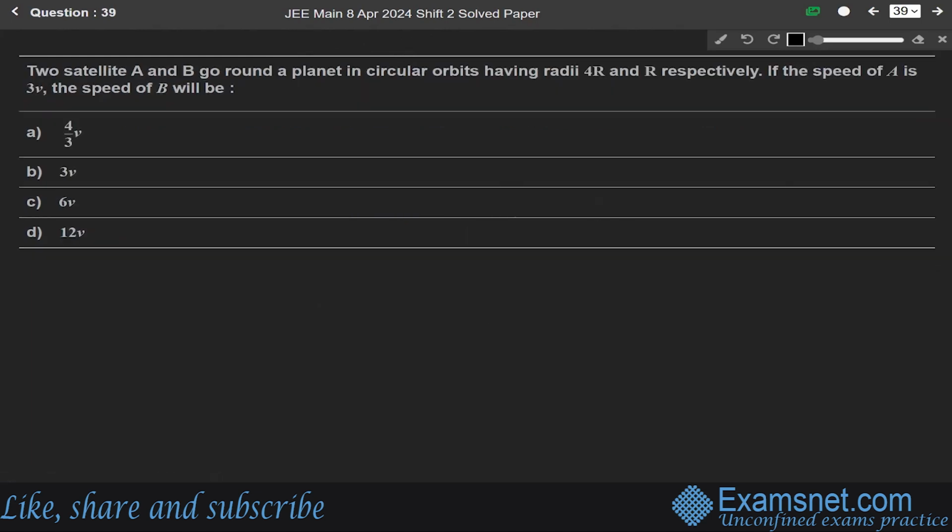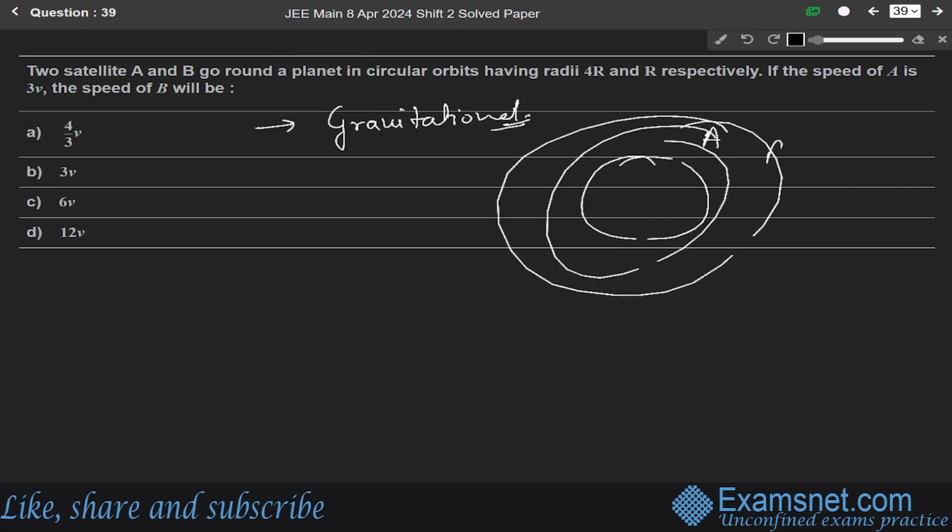Now 39. Two satellites A and B go round a planet in circular orbits having radii 4r and r respectively. If the speed of A is 3v, the speed of B will be. Okay, so this is from the chapter of gravitation. So we know that two satellites, let us say this is the planet and satellite A and satellite B, they are revolving around this planet in circular orbit.